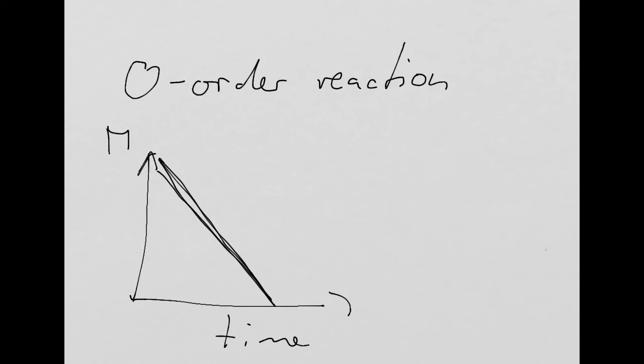For example, the elimination of alcohol from the male body follows pretty strictly a zero-order reaction. So you eliminate the alcohol. So for example, alcohol elimination.